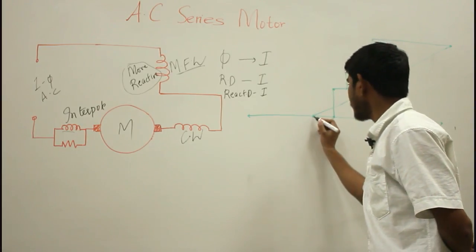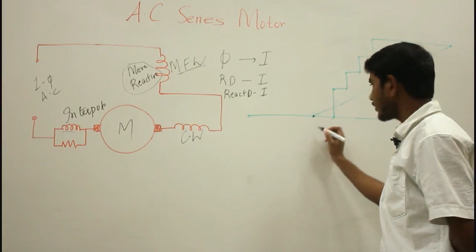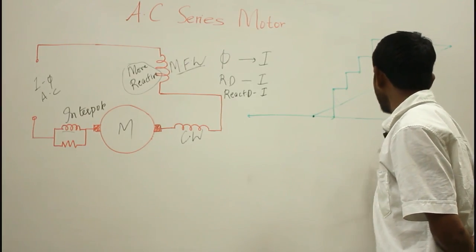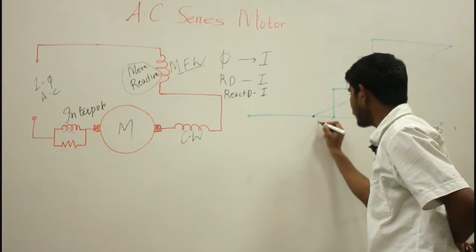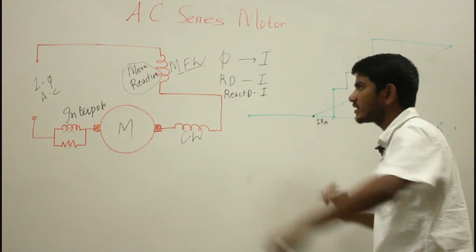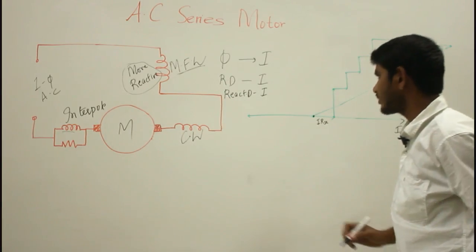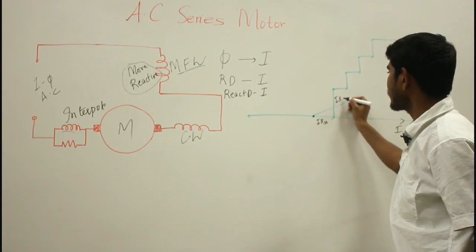So here, this is the point from where I take my reference phasor, that is the current I, or you can say the flux phi. From here I have the first resistive drop I R, that is the series field resistance drop, and this is the series field reactance drop.